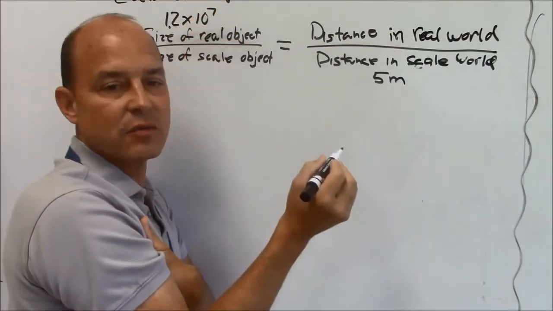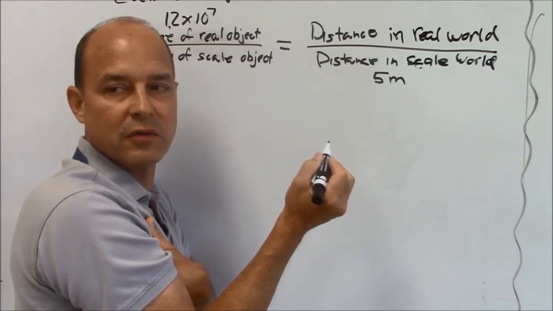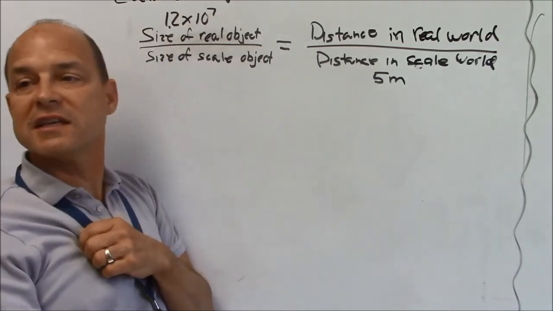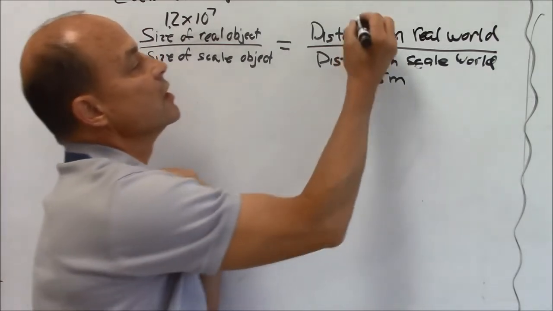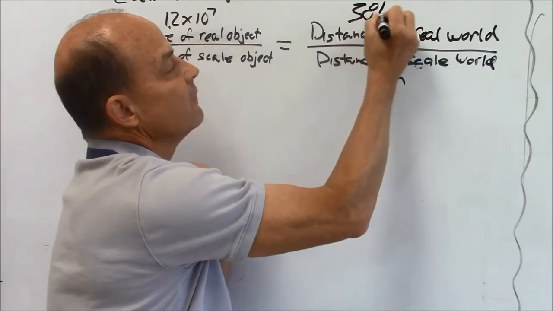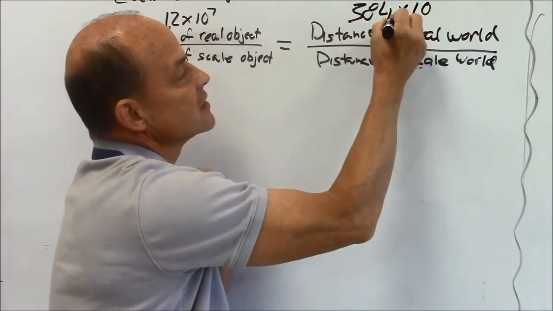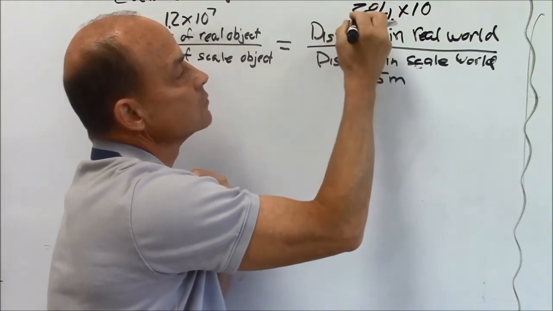And the distance in the real world, I can't remember what it is. All right, Earth-Moon distance is 384 million meters. That's 3.84 times 10 to the 8.